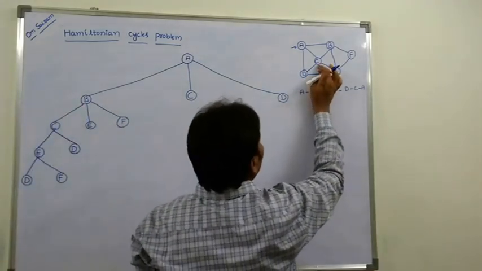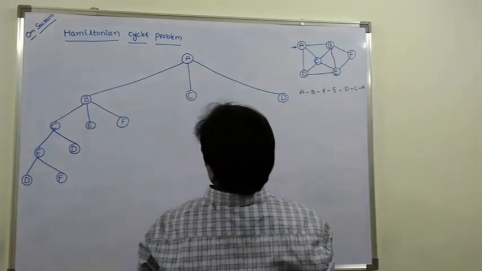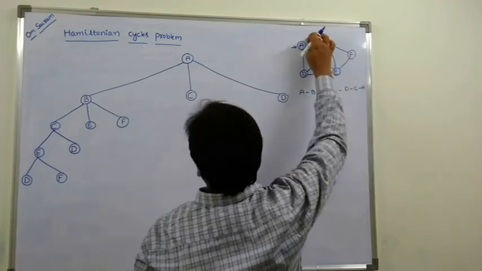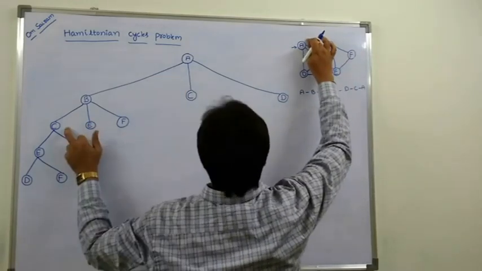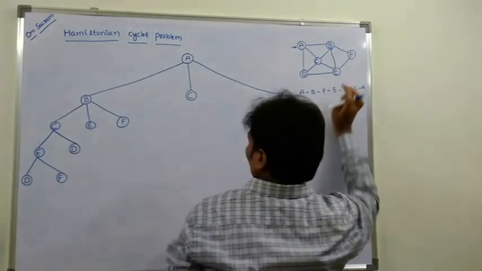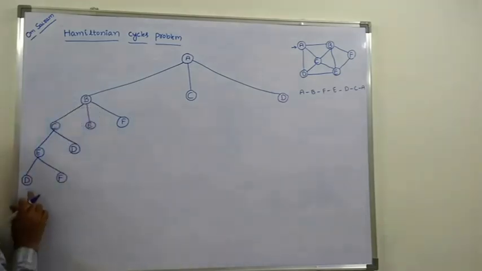D is connected with C, D is connected with E, D is connected with A. A is already visited, C is already visited, E is already visited. So there is no more vertex to visit that is adjacent to vertex D.